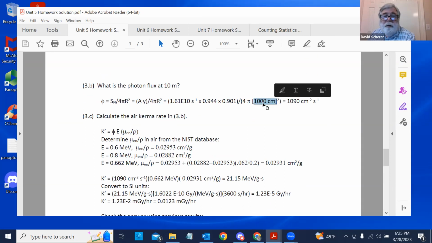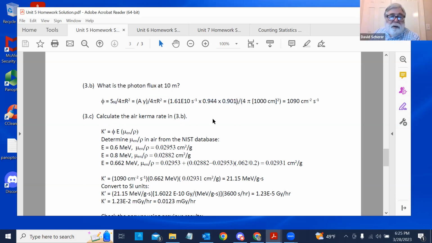Well, r is 100 centimeters, and so square that, you get 10,000. And this should be 100.0, typo, but it turned out to be 1090 per square centimeter per second, if I multiply these out. Okay, so that's the logic I use for that. The trick is to remember the yield per decay in this.